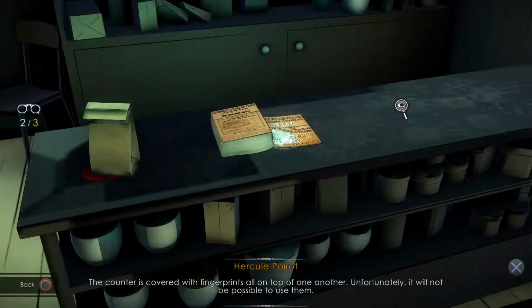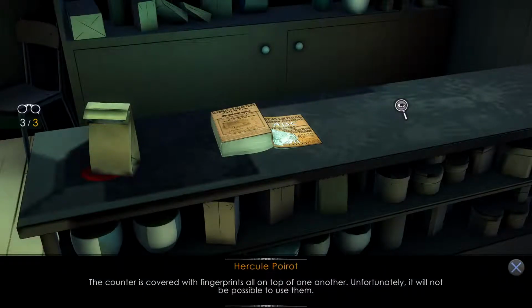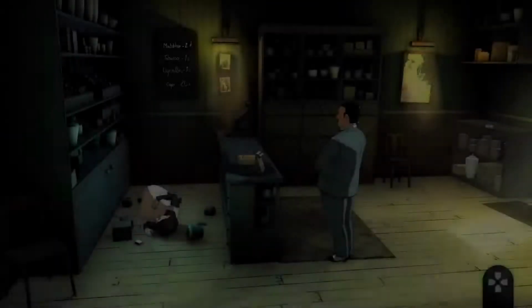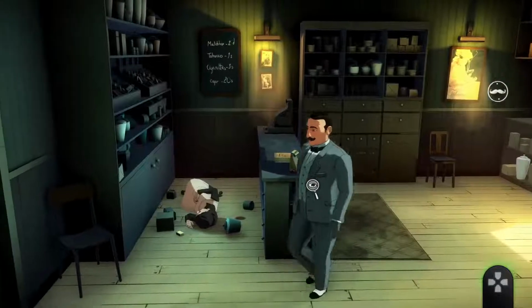Oh, what is this? The counter is covered with fingerprints all on top of one another. Oh, I didn't even notice those. Unfortunately, it will not be possible to use them. Okay. Glad I went back and did that.